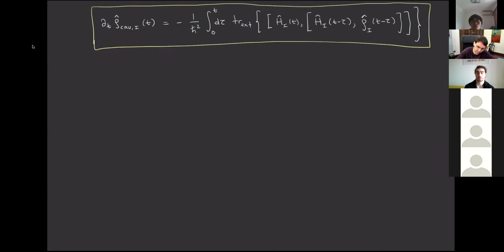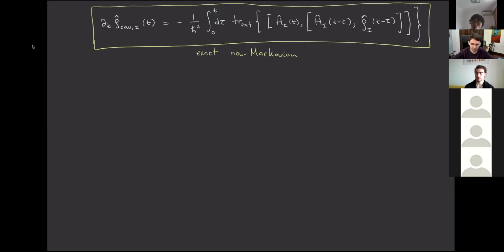And this means that, first of all, it's an exact equation. So we still didn't do any approximation. We just rewrote the equation in a more convenient way. But it's important that this equation is not Markovian.